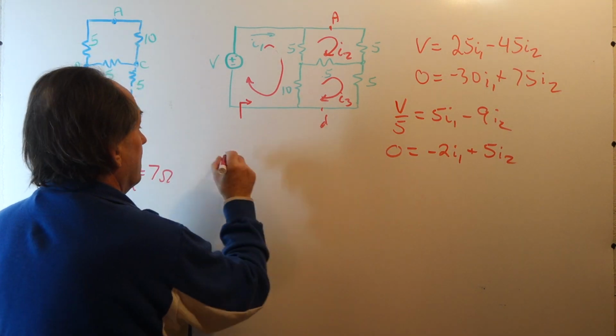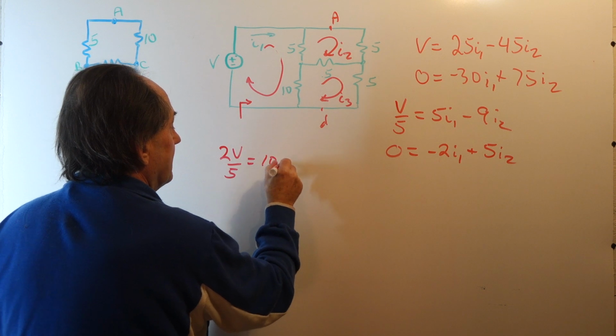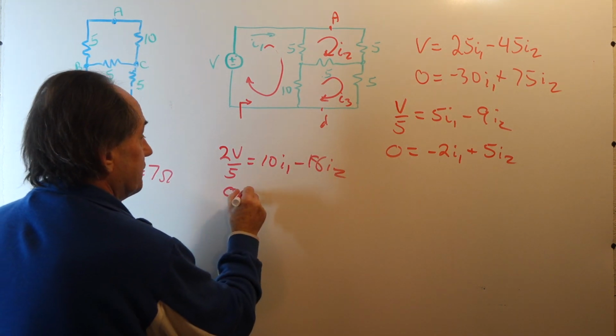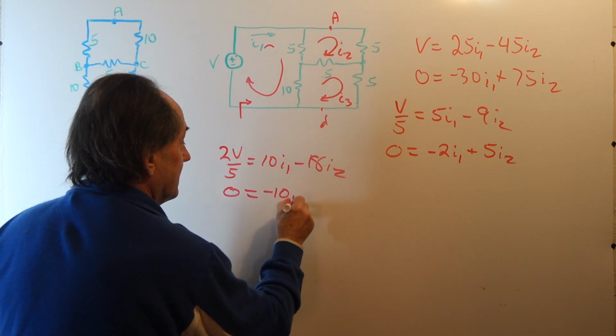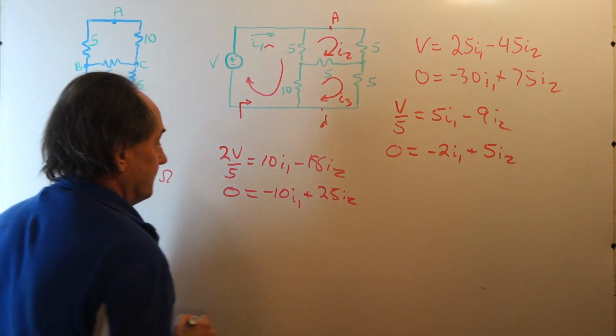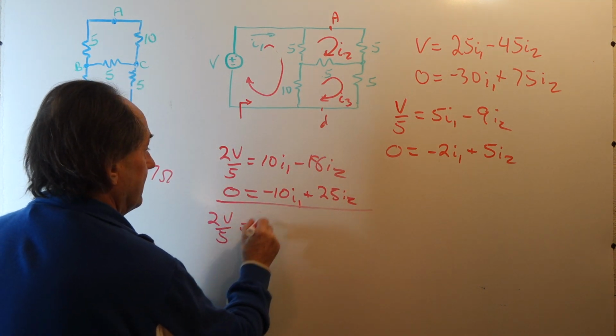So first equation, we have 2V over 5 is equal to 10I1 minus 18I2. Second equation, we have 0 is equal to minus 10I1 plus 25I2. We add the 2 equations. We have 2V over 5.